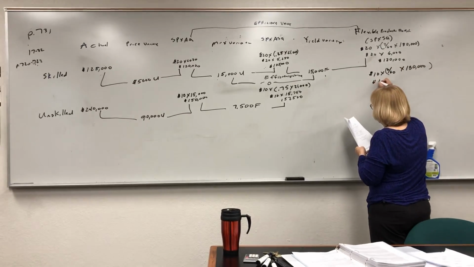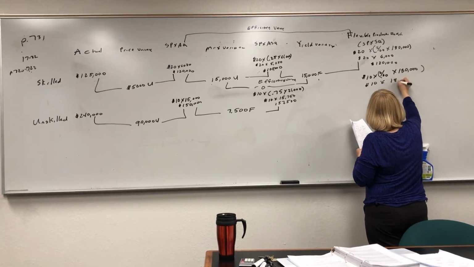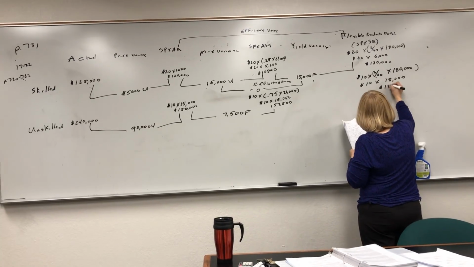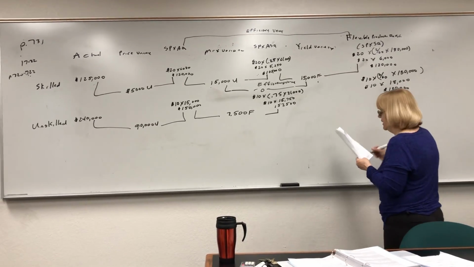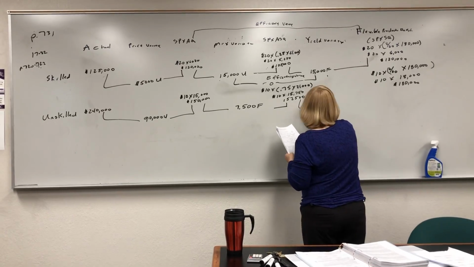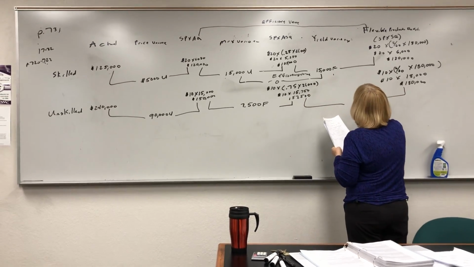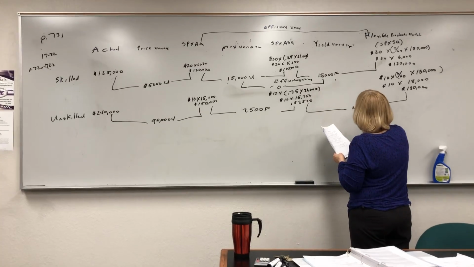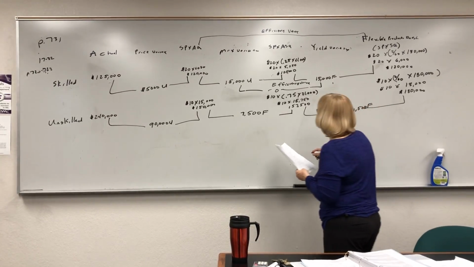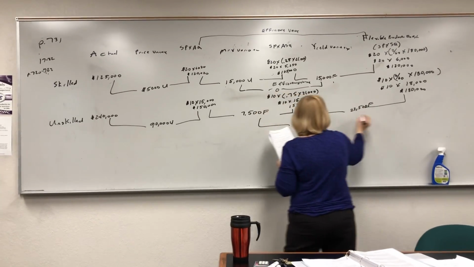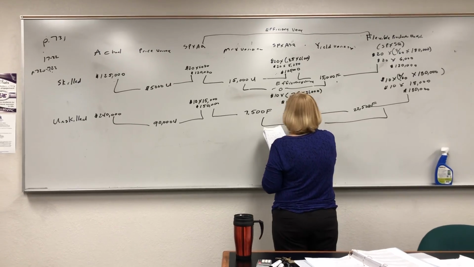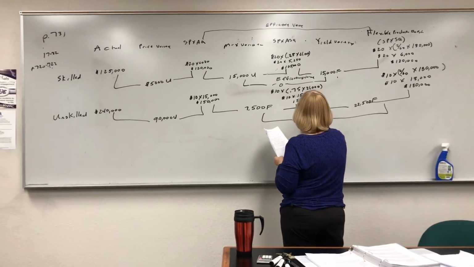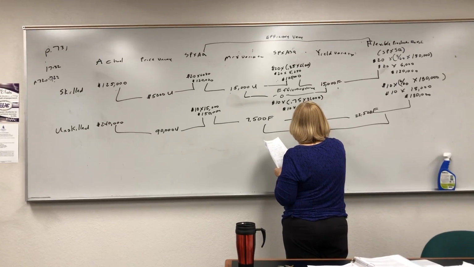So we end up with $10 times 18,000, 180,000 there. And so our yield variance for this one, 22,500 favorable. So our efficiency variance here, we combine the two favorables, so we end up with a 30,000 favorable efficiency variance.